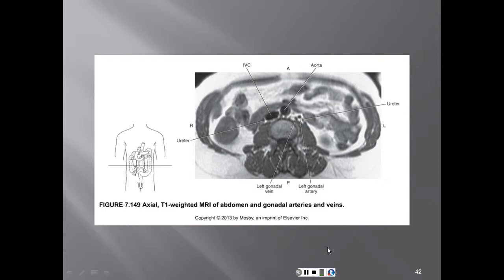Axial T1 weighted MRI of the abdomen and gonadal arteries and veins.